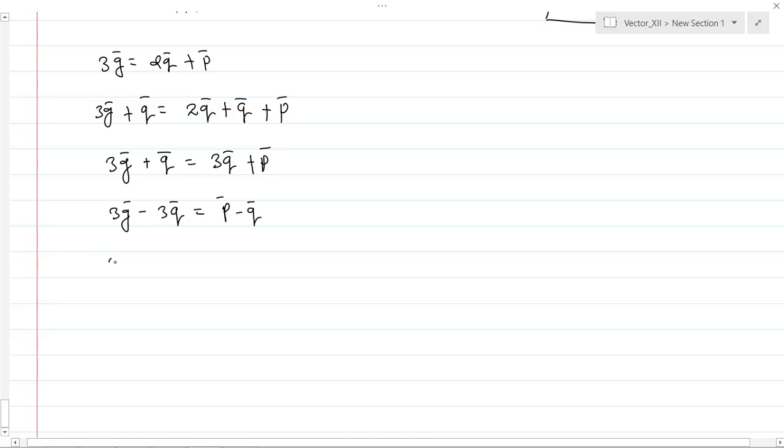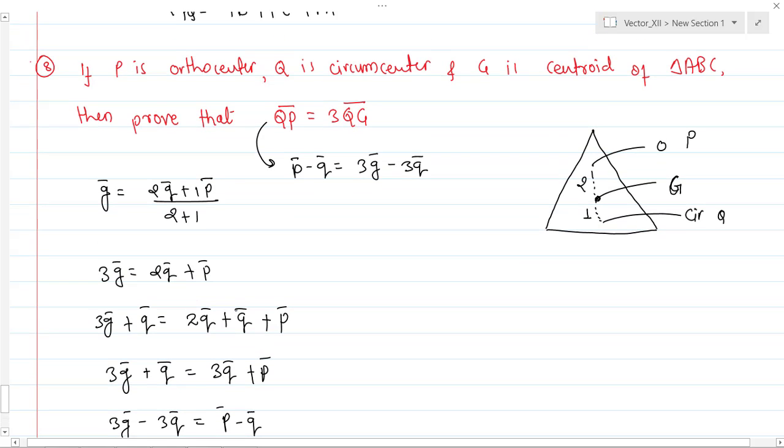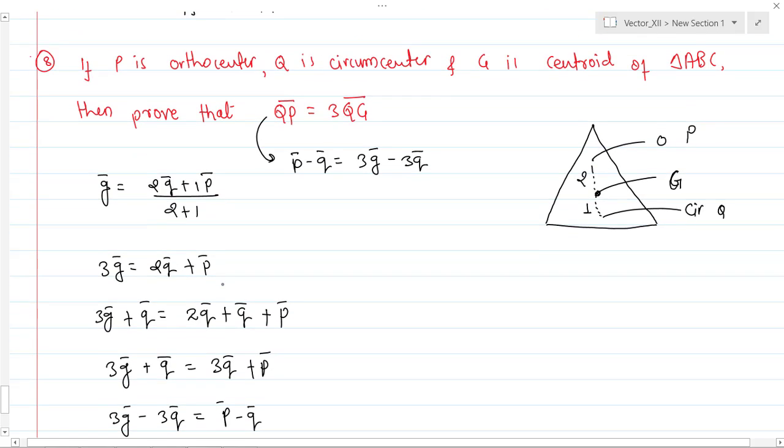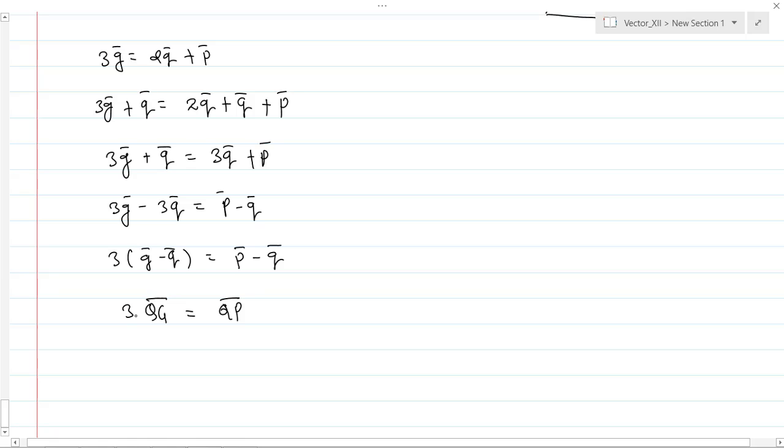Taking 3 common, it will be 3 times (G bar minus Q bar) equals P bar minus Q bar, so this becomes 3 QG bar and this becomes QP bar. This is the only thing we want to prove. So QP bar equals 3 QG bar, hence proved.